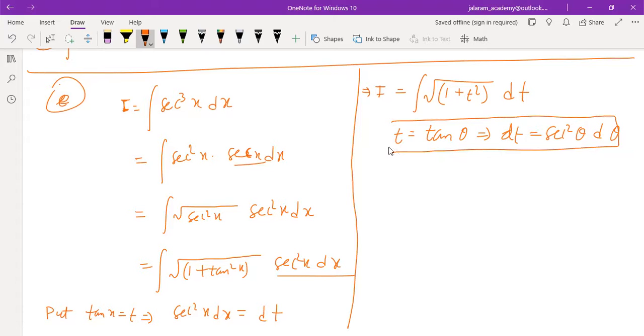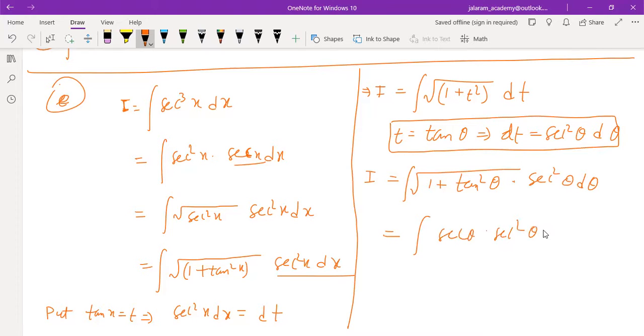So it gives I equals under root of 1 plus tan square theta, into dt, which becomes sec square theta d theta. So it is again giving sec theta into sec square theta d theta, which is integration of sec cube theta.